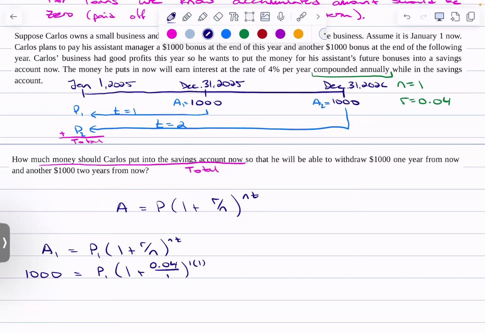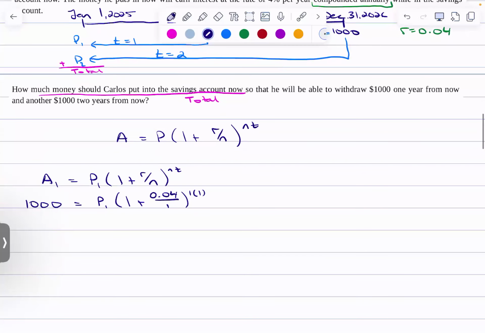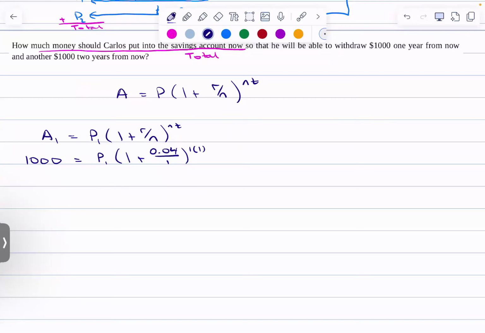P1 sat there for 1 year and P2 sat there for 2 years. That was a fluke. That wasn't on purpose. All right. 1.04 to the power of 1. It's 1.04. P1 then is 1,000 divided by 1.04.